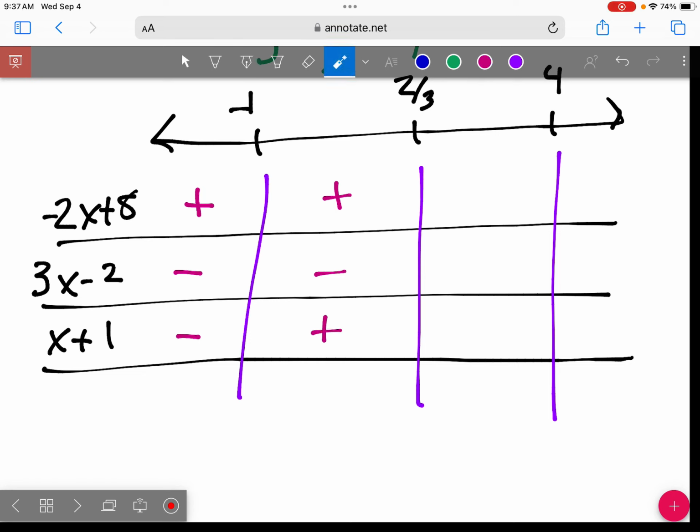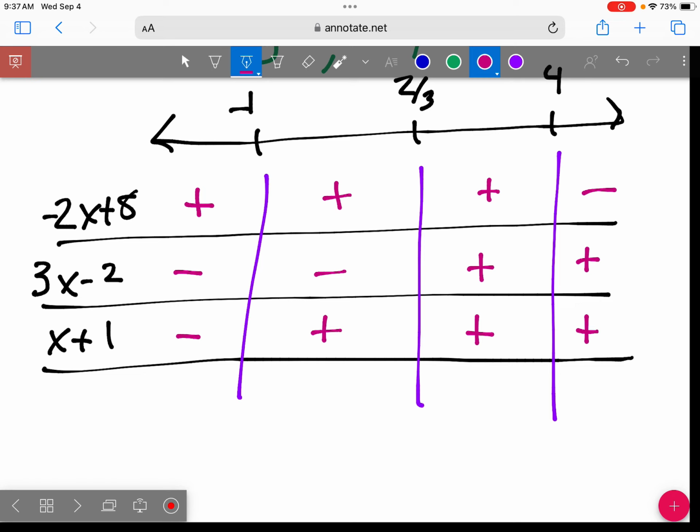Then between 2/3 and 4, positive, positive, positive. And on the other side, negative, positive, positive. Does everyone see where those come from?